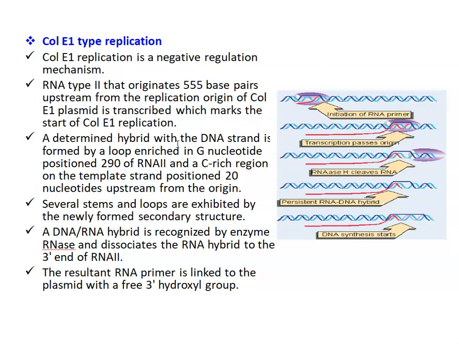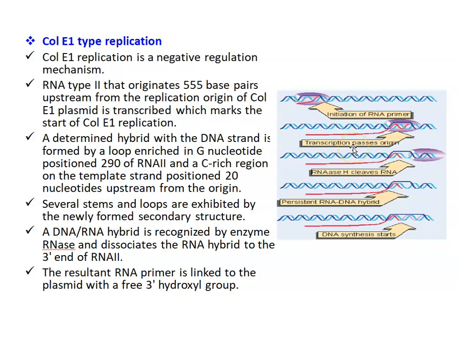RNA type 2, which originates 555 base pairs upstream from the replication origin of the Col E1 plasmid, is transcribed, which marks the start of Col E1 replication. So you can see here, initiation of RNA primer.